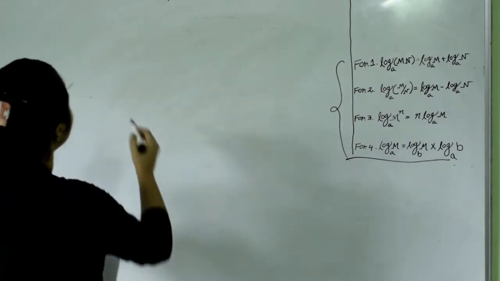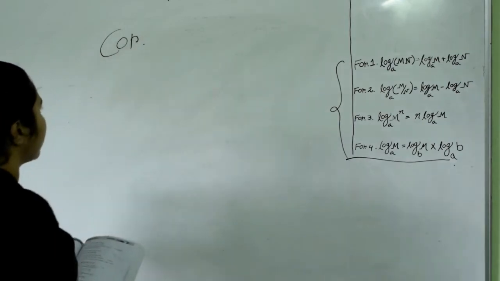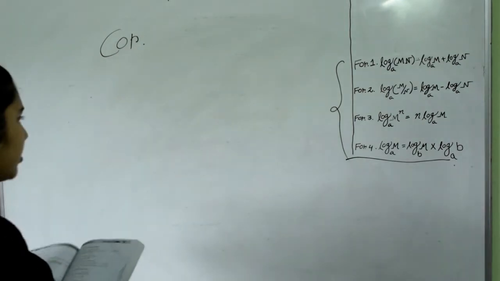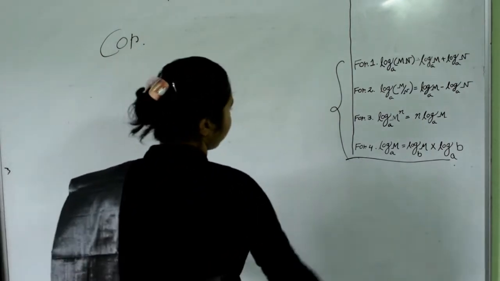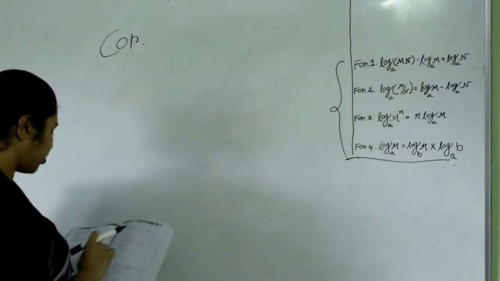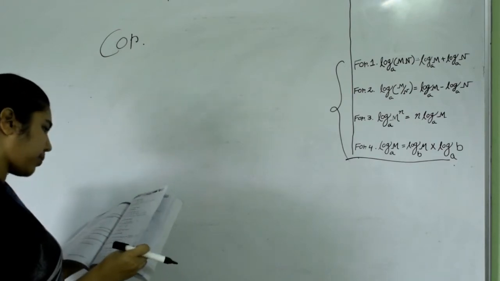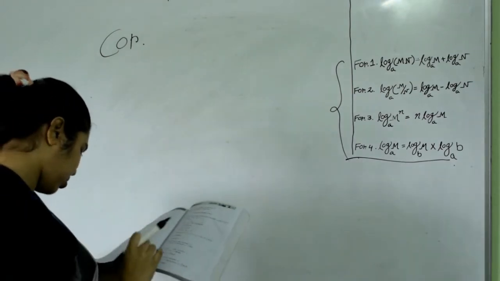Now we are going to discuss some corollaries based on these four formulas. The proofs of these four formulas are given in your book, page number 311 up to 312.